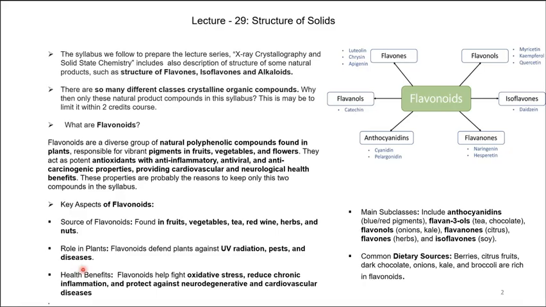Health benefits: flavonoids help fight oxidative stress, reduce chronic inflammation, and protect against neurodegenerative and cardiovascular diseases. So what we have to discuss is only flavones and isoflavones, out of the 6 subclasses of flavonoids.